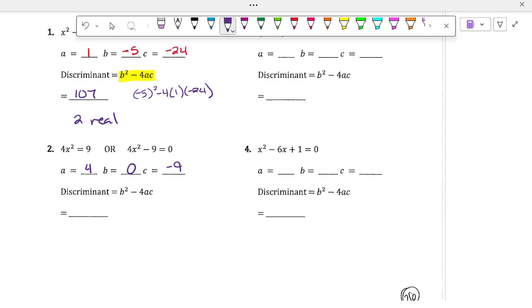B is always connected to X. C is always your constant. Always. So if we find the discriminant, 0 squared minus 4 times 4 times negative 9, what would that give us? 144. So what does that tell us about our solutions? 2 real.